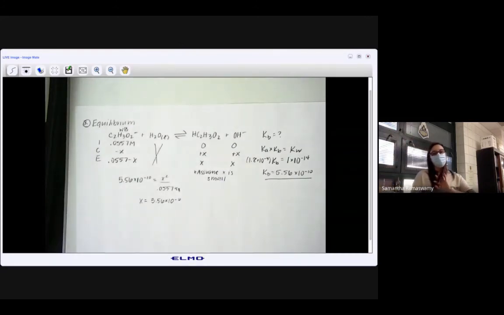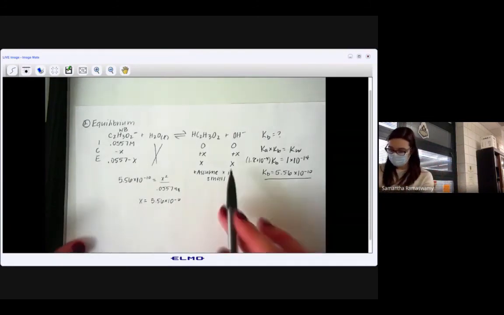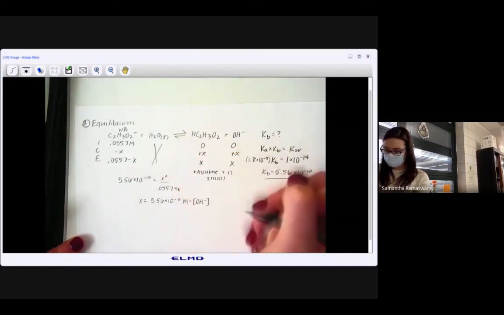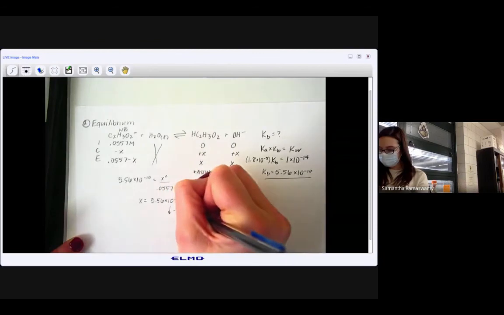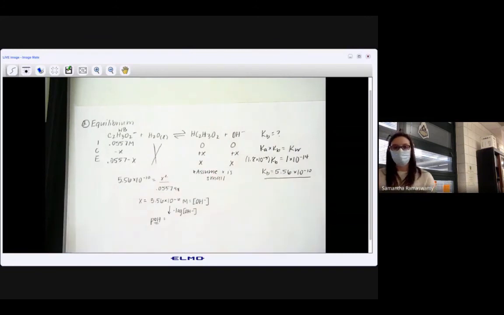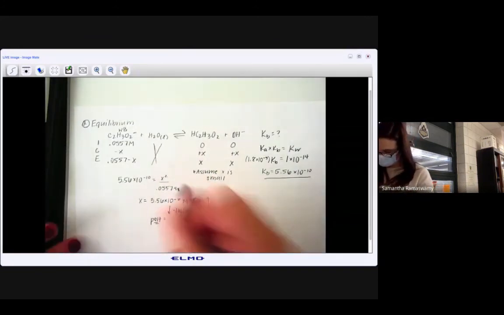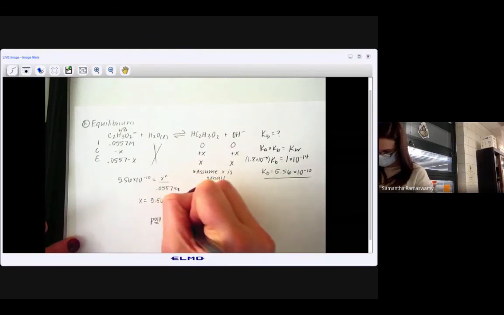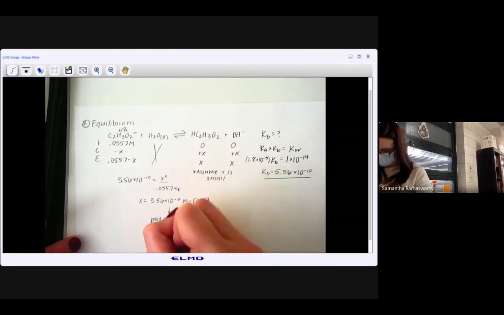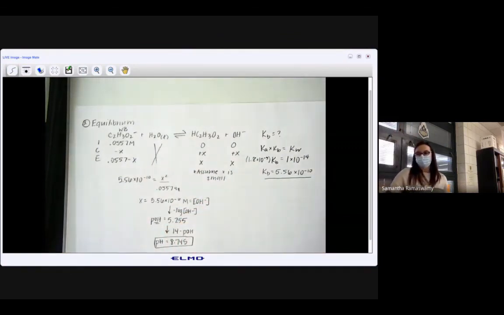And look back at the ICE table and see what X was that might help us. I see that X was OH minus. So taking the negative log of the OH minus concentration will give us pOH. And then subtracting from 14 will give us the pH. So at the equivalence point, the pH is above 7.